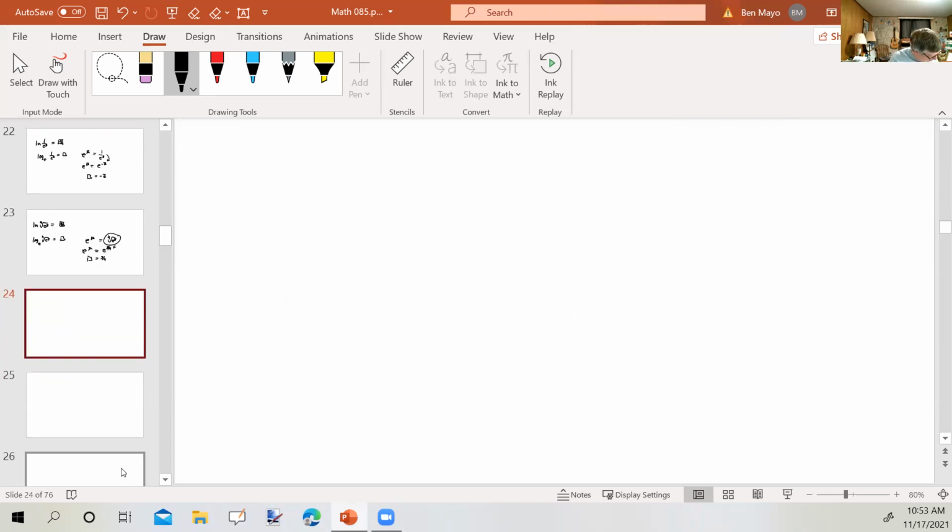This says, use a calculator to evaluate each expression if possible. Express all answers to 4 decimal places. So we've got the natural log of 35.15. On the calculator, I'm going to push the natural log button, put 35.15 in there, close it up and push equals.